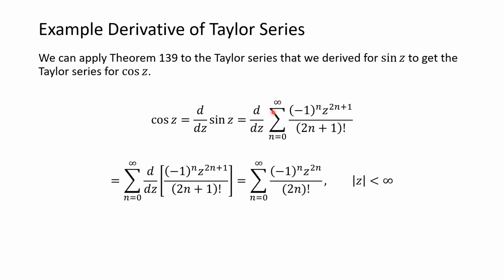So we bring the derivative into the sum, which is afforded to us by the theorem that we just proved. And when you take derivatives, you get z to the 2n plus 1 minus 1, so you get 2n here. And then the 2n plus 1 cancels with the 2n plus 1, and you just get 2n factorial, and the minus 1 to the n carries over. And this is valid in the entire complex plane.